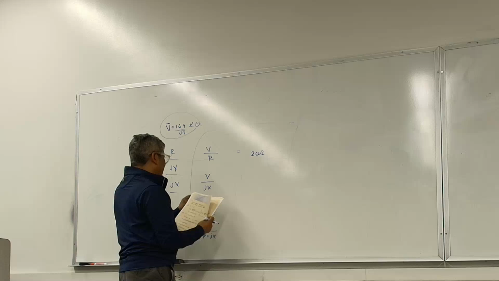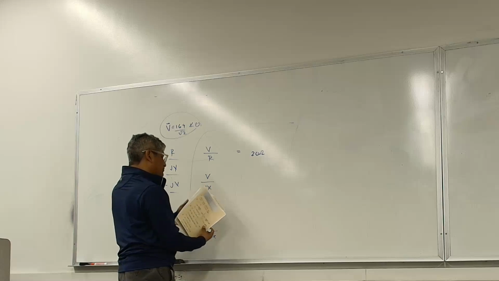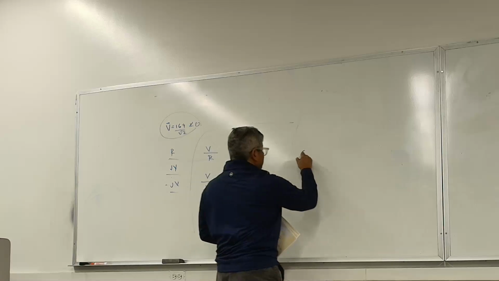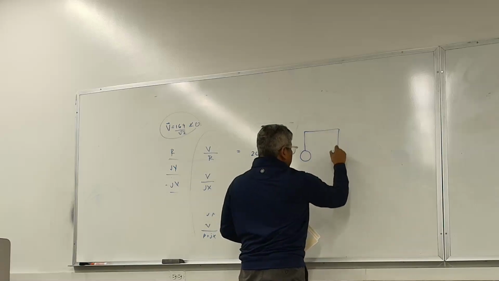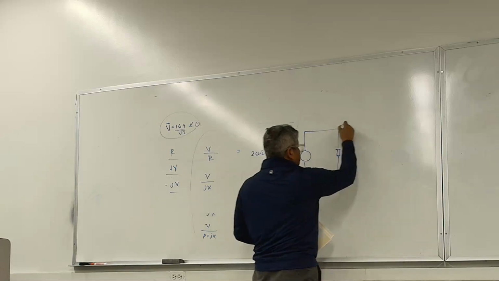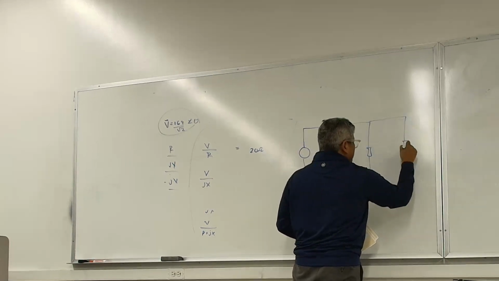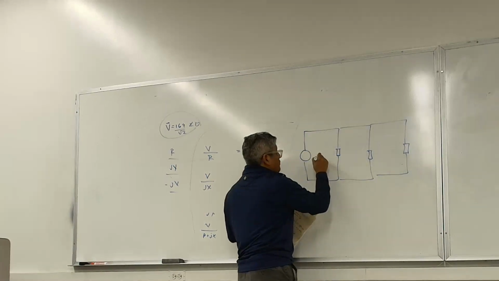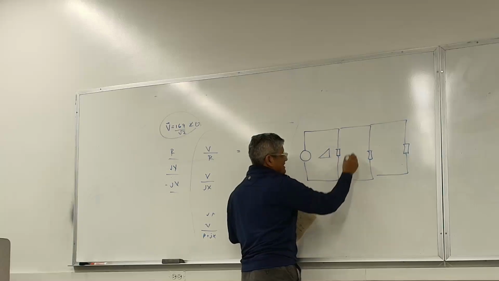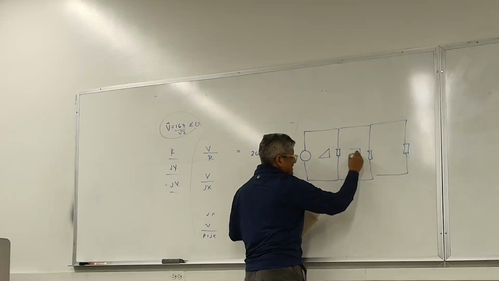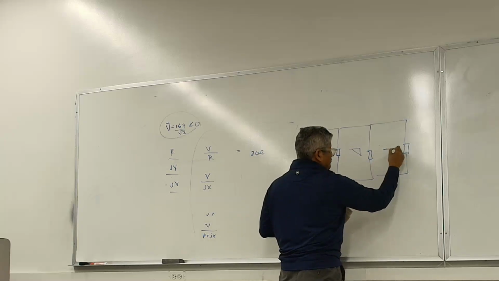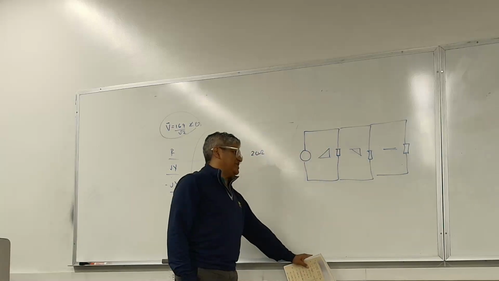On the last one, it was really simple too. There were three loads. Basically, it looks like this. There was a load here, a load here, and a load right here. If I'm not mistaken, one had a power triangle like this, the other one had a power triangle like this, and the other one was just straight because it was a purely resistive load.